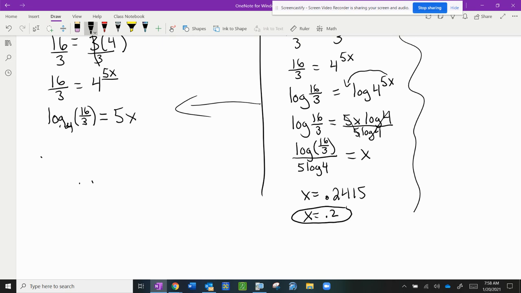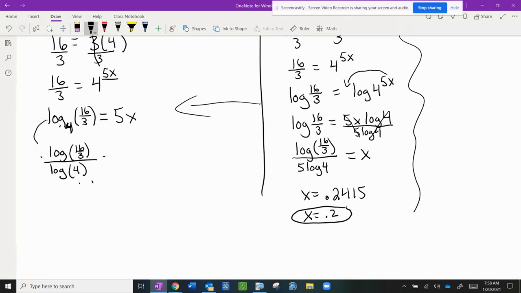There is a change of base. A change of base means I can take any log and change it into whatever base I want it to be. So how do I do that? I can take the log base 4 of 16 over 3 and convert it into a log base 10 by taking the log that I want to convert it into, that base, so this is base 10, and creating a division problem where the input of the top log is the input of the log that I'm converting from, and the base is the bottom input.